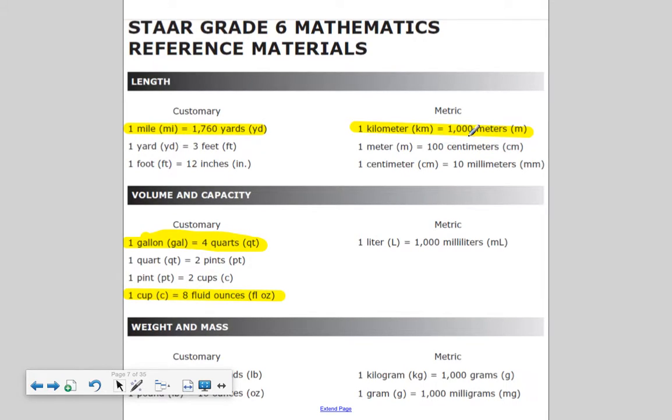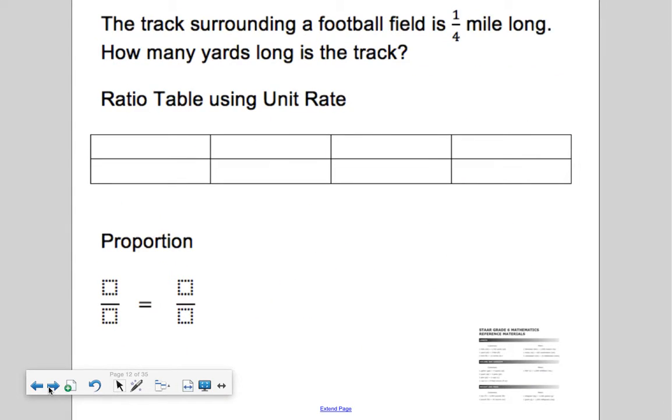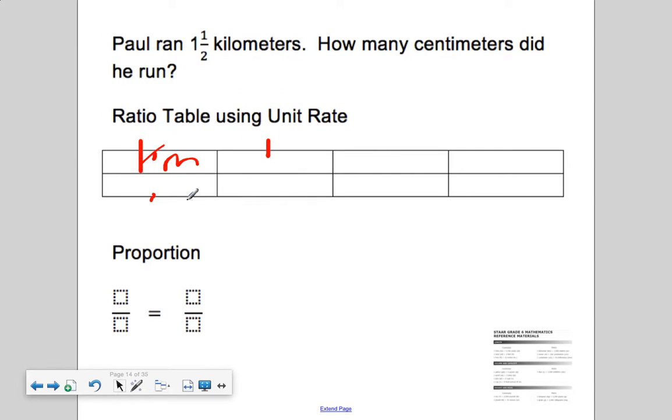Each kilometer has 1,000 meters, and each meter has 100 centimeters. So if I have 1.5 kilometers, how many meters do I have?